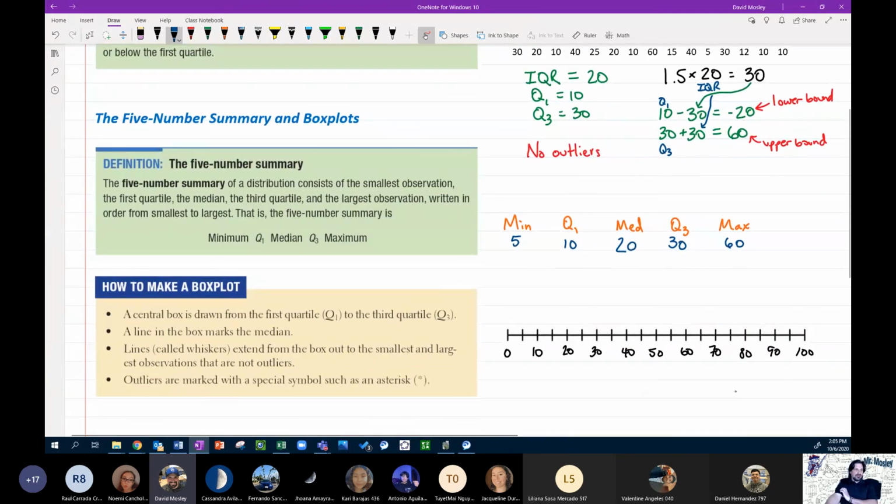Last thing, how to make a box plot. We may have seen box plots before. We're going to learn them again. The central box is drawn from the first quartile, Q1, to the third quartile, Q3. So here's Q1 at 10. Q3 is at 30.